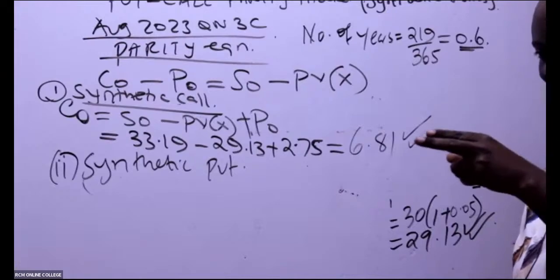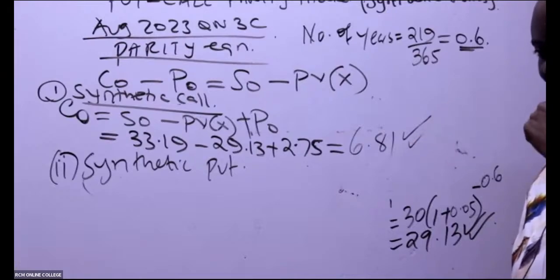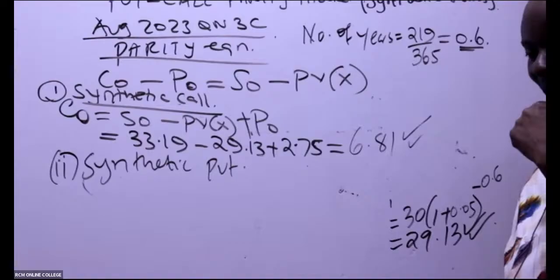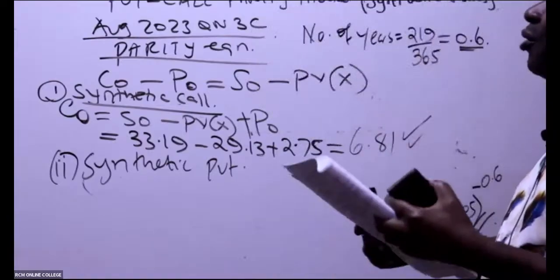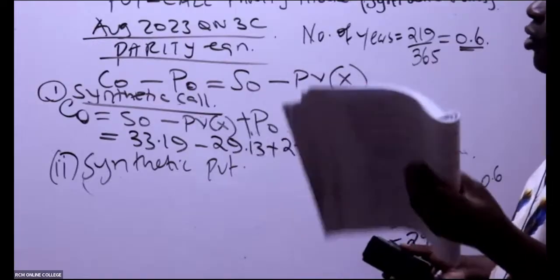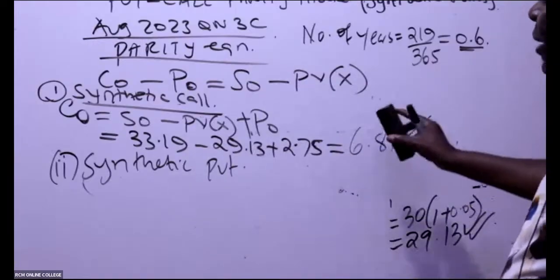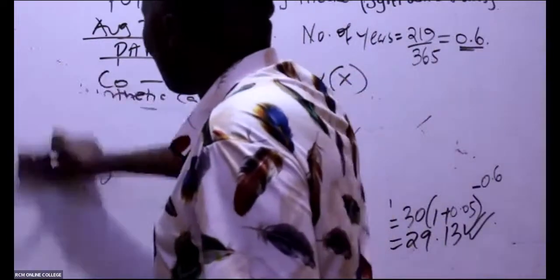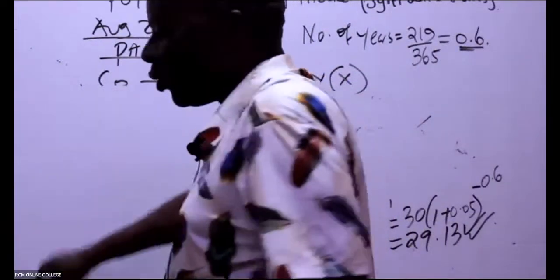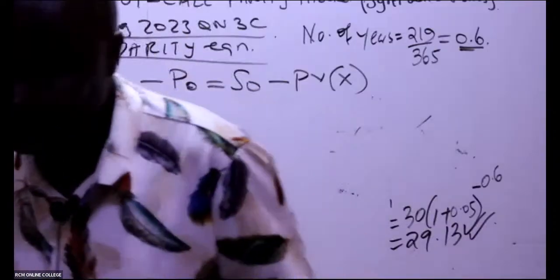I cannot see many answers. So go ahead and make PO the subject of the formula. What do they really want me to do here?